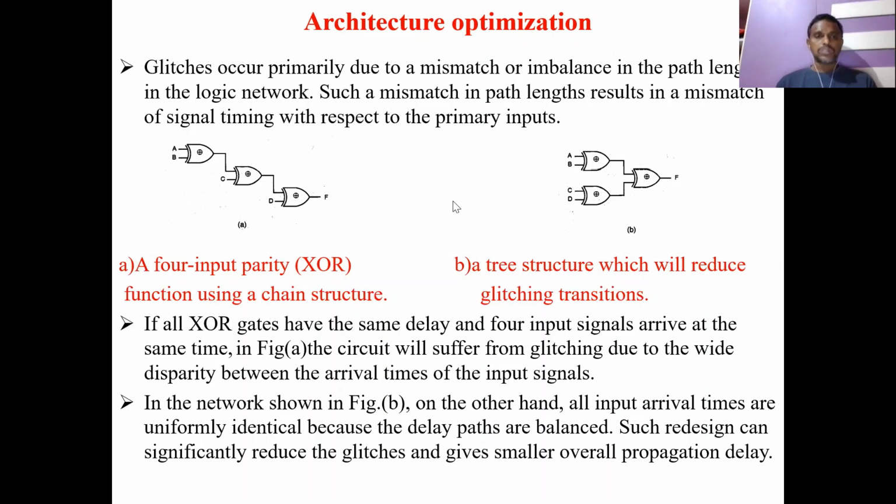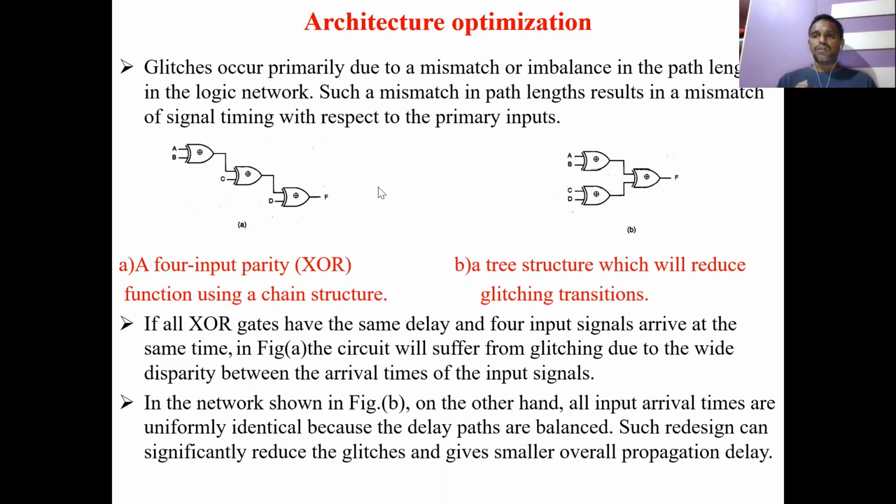Why? Because in the first circuit, all the inputs cannot be obtained at the same time for the XOR gates. But here all four inputs are obtained at the same time, so there will be less possibility of obtaining glitches. Okay, so this is what we have.